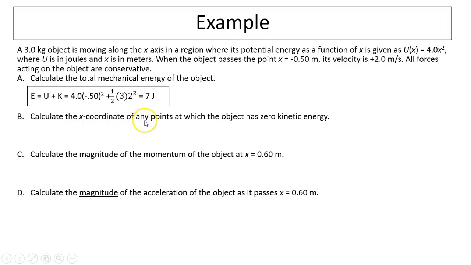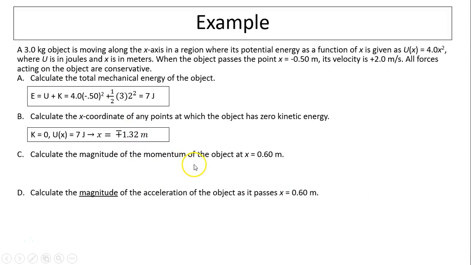Calculate the x coordinate of any point at which the object has 0 kinetic energy. If the object has 0 kinetic energy, that means U has to equal 7. Right, from here we know 4x squared equals 7, and we solve for x. x can be positive or negative 1.32 meters.